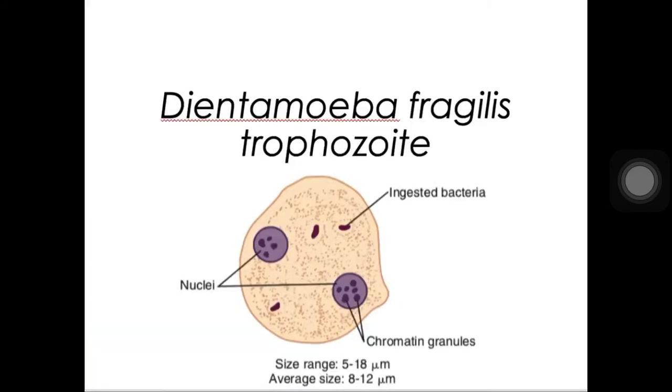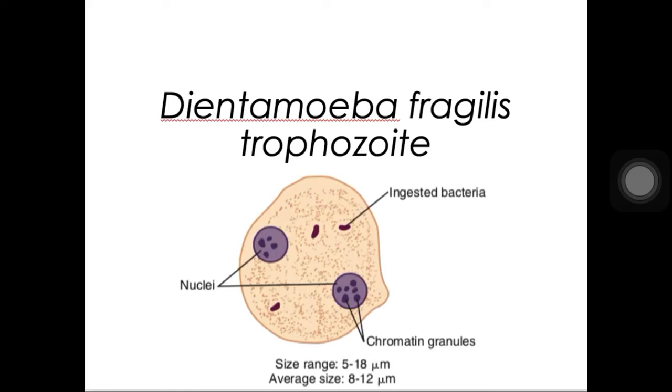Dientamoeba fragilis trophocyte. And there is a common co-infection of Dientamoeba fragilis with Enterobius vermicularis. Common po yun, yung co-infection ng Enterobius vermicularis sa Dientamoeba fragilis. And some studies suggest na we acquire this infection, this trophocyte, or it is transmitted to us by ingesting the egg of Enterobius vermicularis as well.